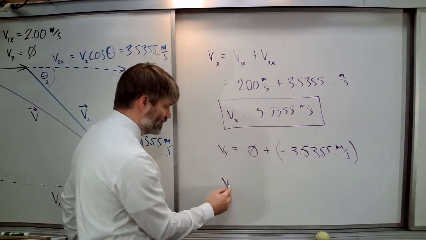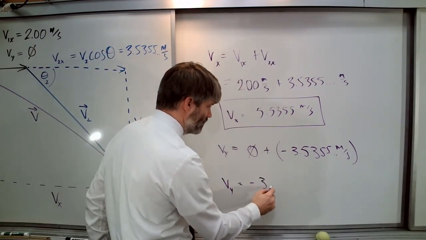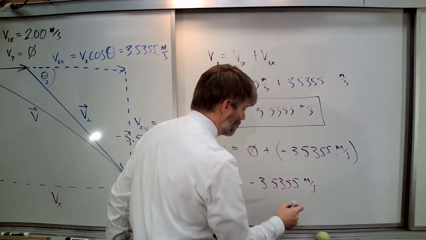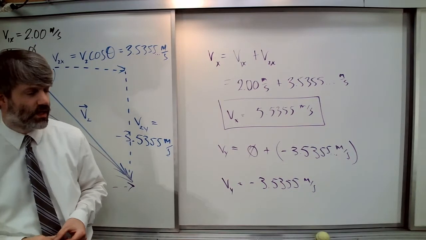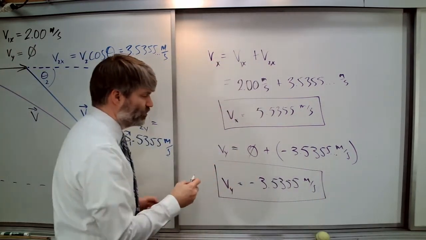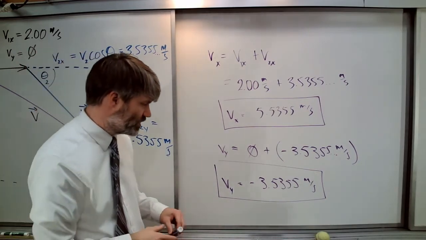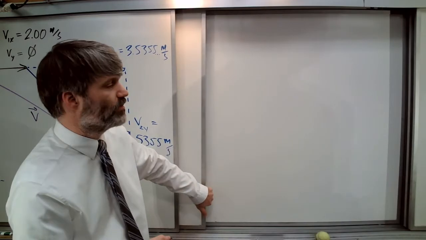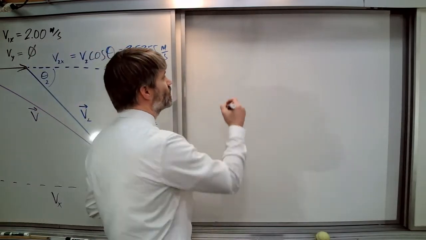So Vy is simply that. Now again, of course, we're going to use the Pythagorean theorem with these numbers to find the magnitude of our resultant vector.